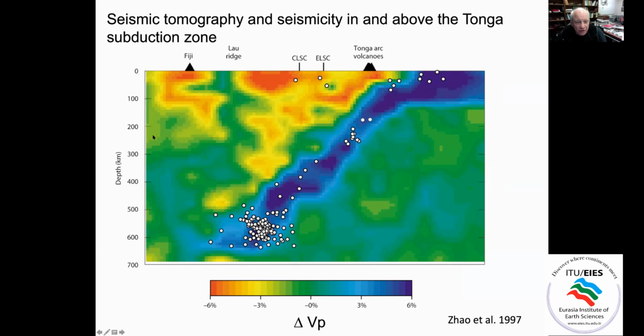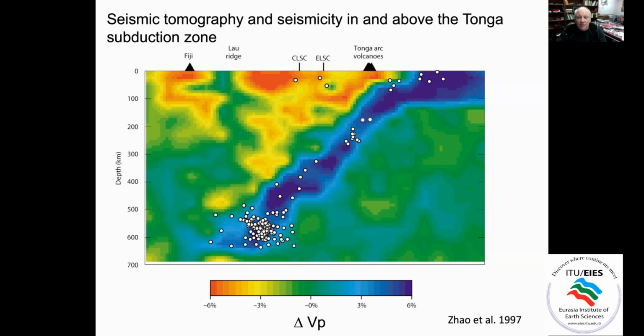So this is all referenced relative to the ambient. So this region is 6% slower than this region. This region is 6% faster. Those are amazing differences.